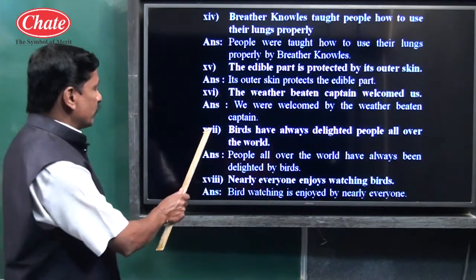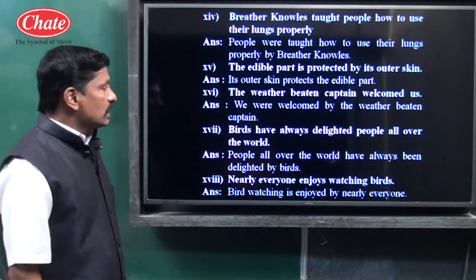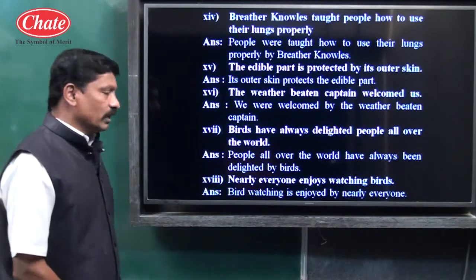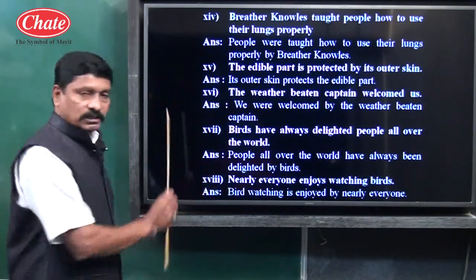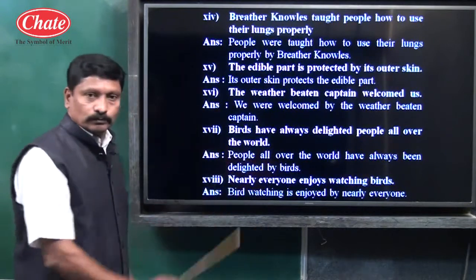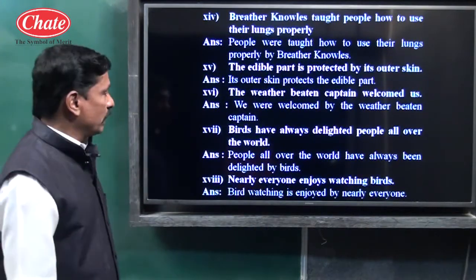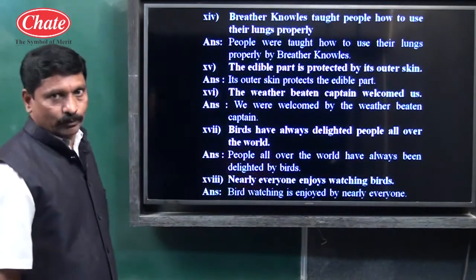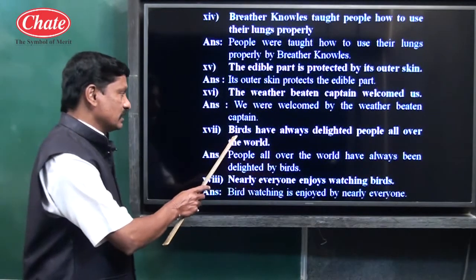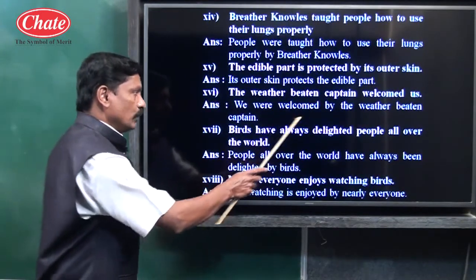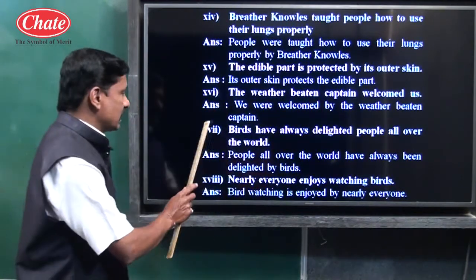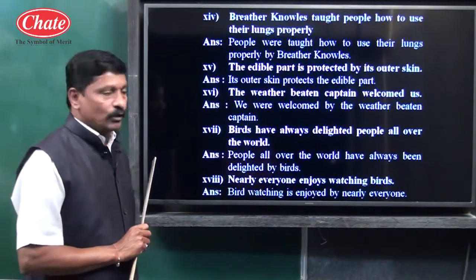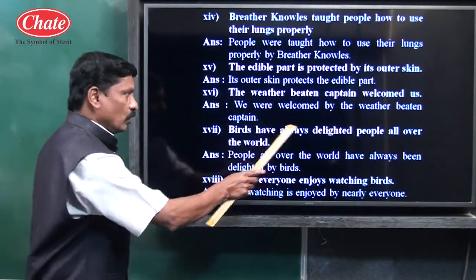Let us see example number 18. Birds have always delighted people all over the world. Analyze the sentence. Birds, subject, have, helping verb of present perfect tense, always, adverb, delighted, third form of verb. So children, the structure of the given sentence is subject plus have plus third form of verb. So given example is in present perfect tense active voice. I'll repeat once again. Subject, have, V3.